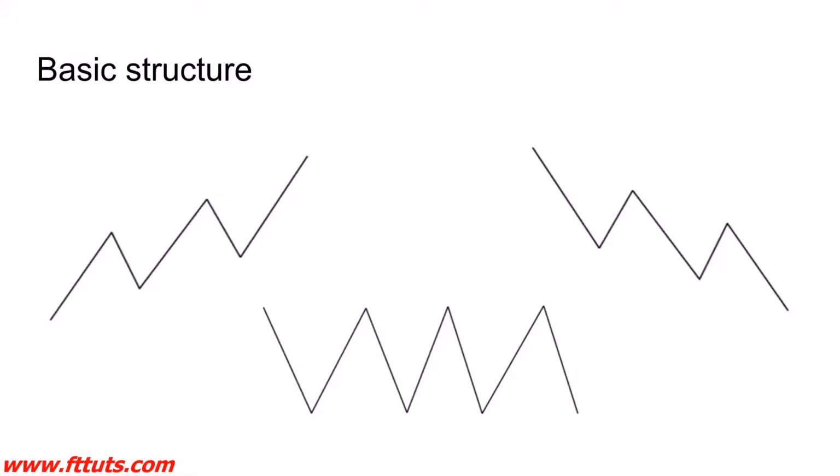So I think next time that I record this, I will change the wording. We're going to be looking at structure as opposed to patterns today. So forget the word patterns. We're going to look at some basic structure and some advanced structure, okay? So let's see how we get on.